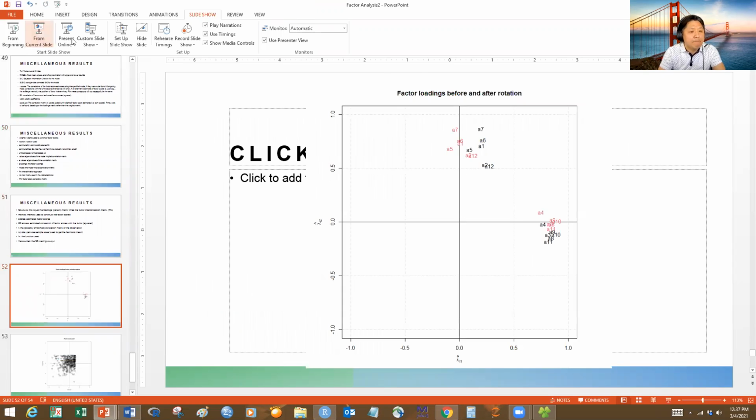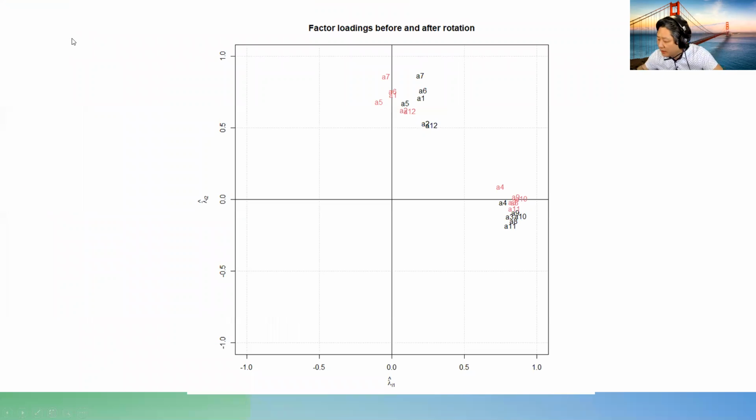So these are the factor loading plots. Before rotation, the 6 items are plotted here, on factor 2 and factor 1.